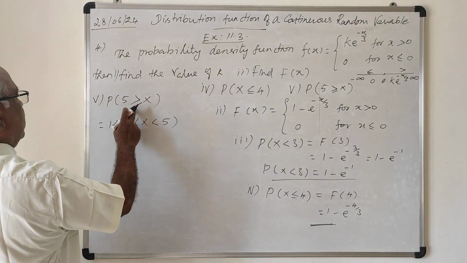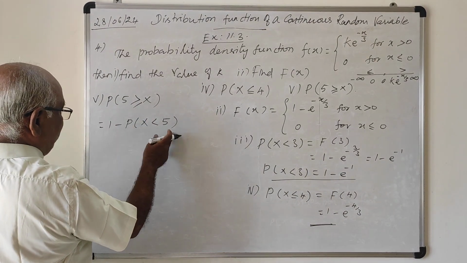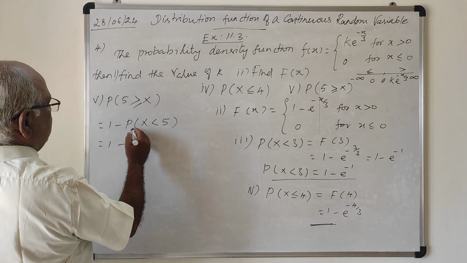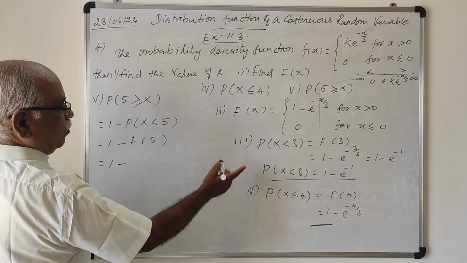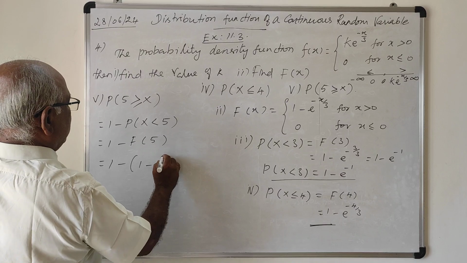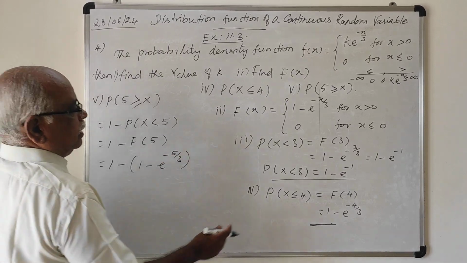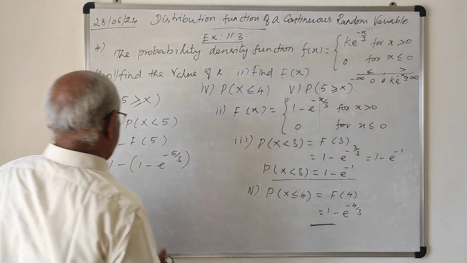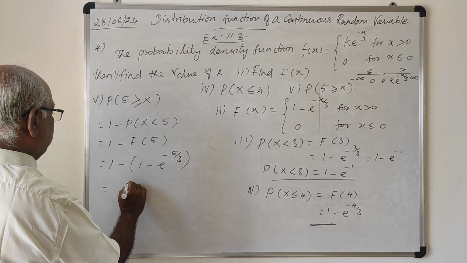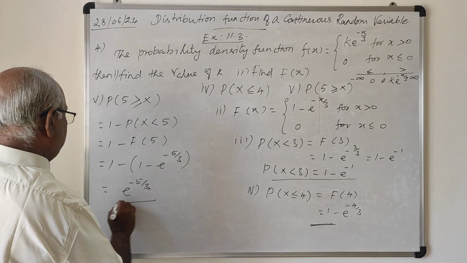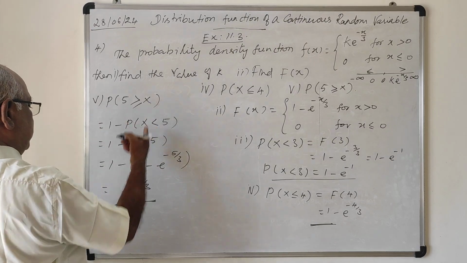So P of 5 greater than or equal to x is 1 minus P of x less than 5, and P of x less than 5 is F of 5. That's 1 minus F of 5, which is 1 minus, 1 minus e power minus 5 by 3, which gives e power minus 5 by 3. This is P of 5 greater than or equal to x.